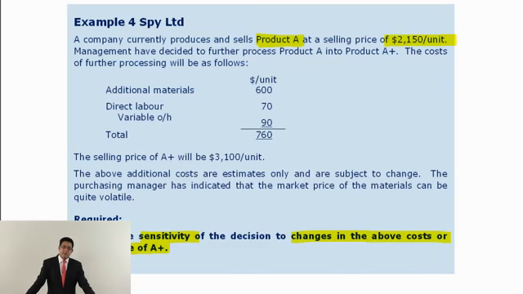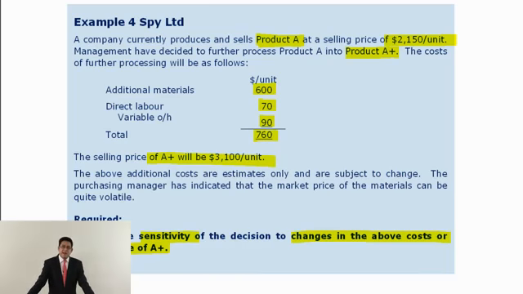So at the moment, the current price of product A is 2150. Management have decided to further process product A to product A plus. The costs of further processing will be as follows. So if we process A into A plus, these are further processing costs, in total 760. The selling price of A plus will be $3,100 after further processing.